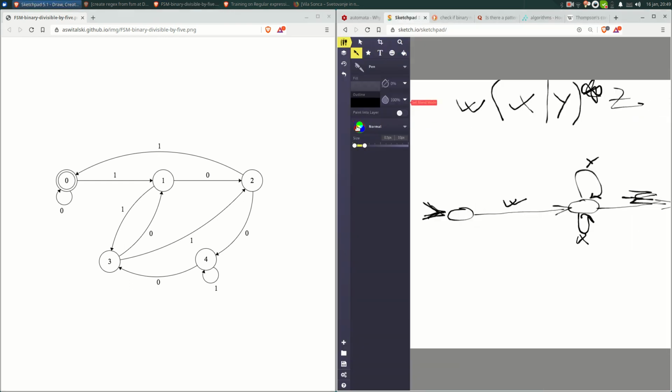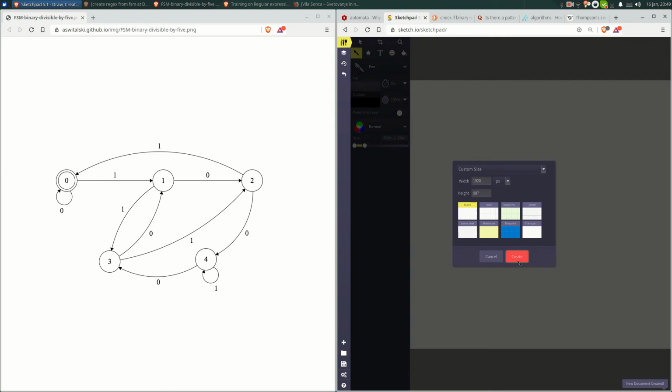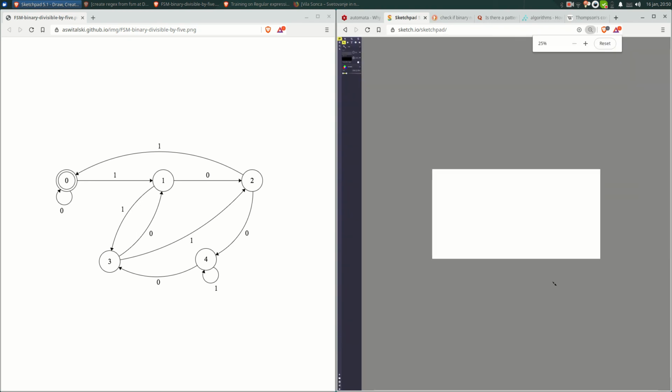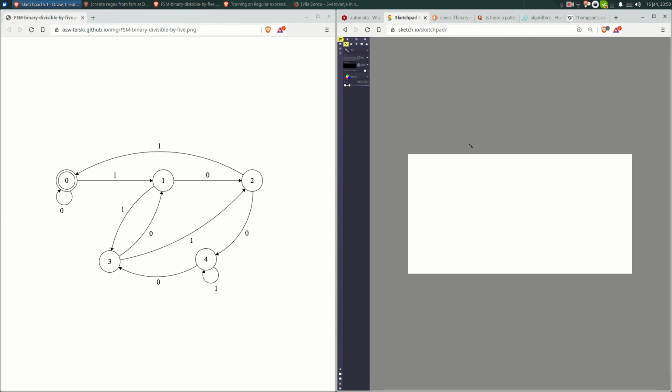Alright, let's go into the sketchpad again, make a new one, and we say like we got that already. 0 is the start and the end, and we go to 1, and thing is it can go like 1 and then 0, it goes back.